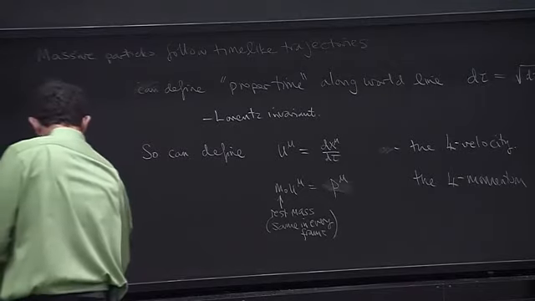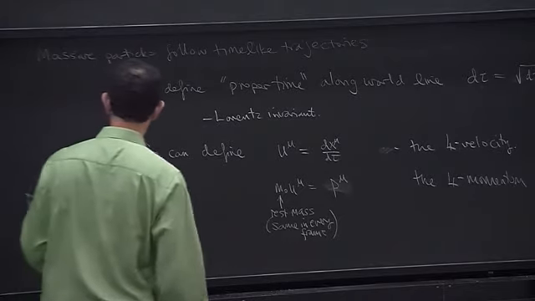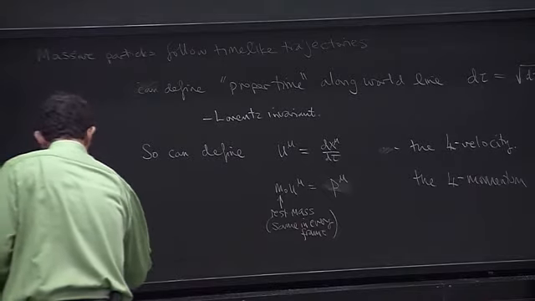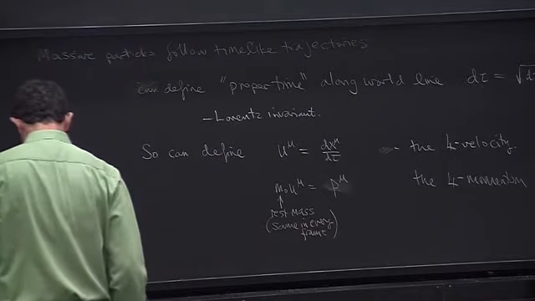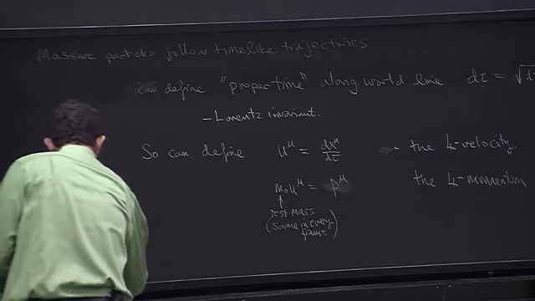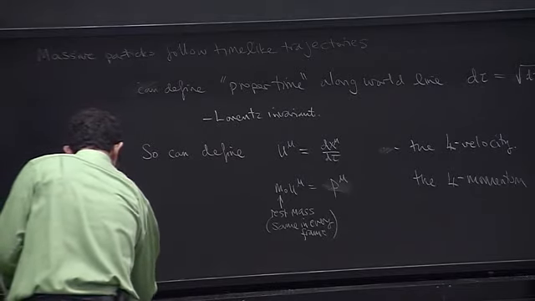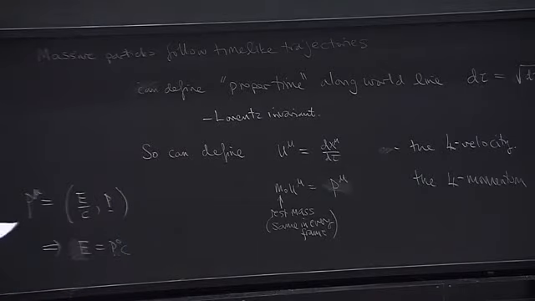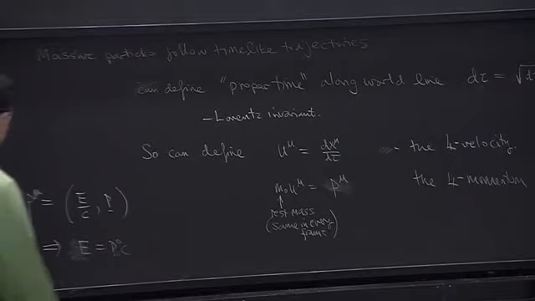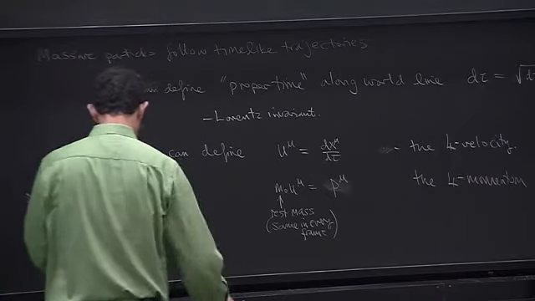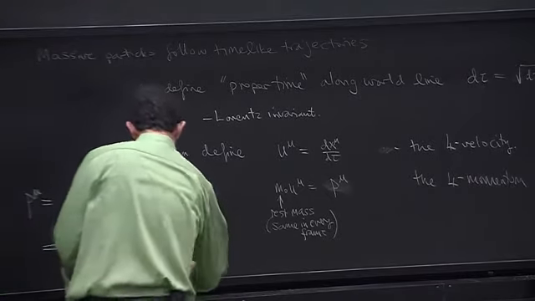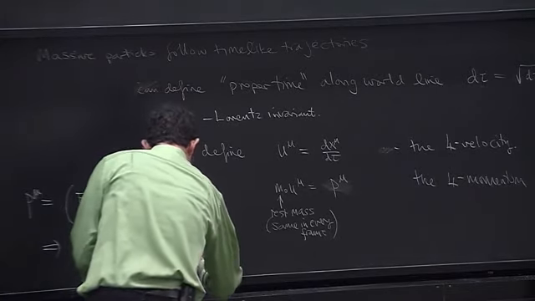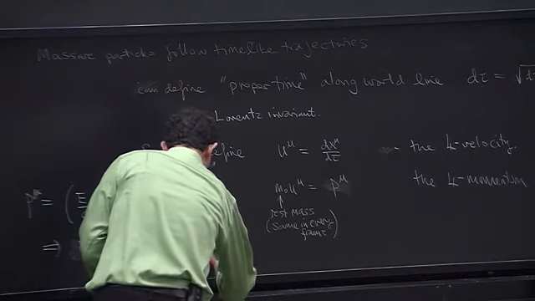And then in particular, we find that the energy is P naught c. Sorry, this is P mu. The energy is P naught c, and this is equal to the square root of p squared c squared plus m naught squared c to the 4th.